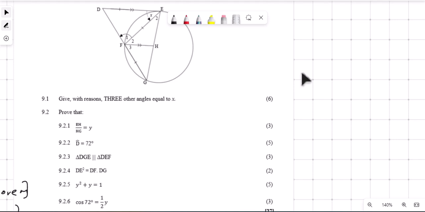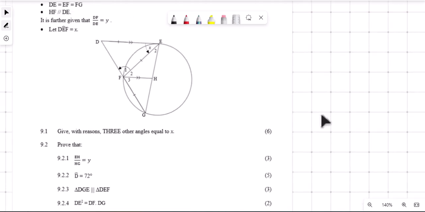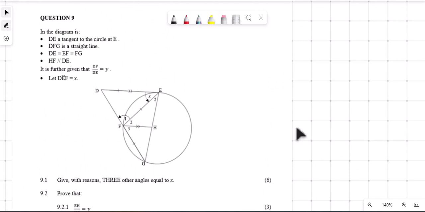Going back to trig. It's fine. Fantastic. It also has more marks. Let's see question 9.